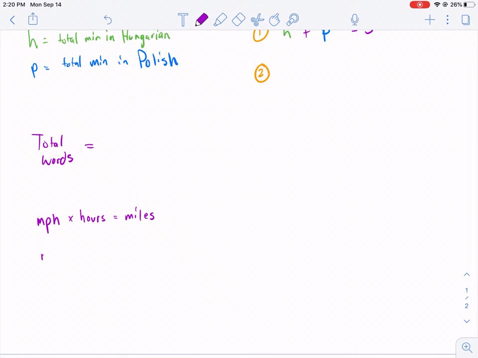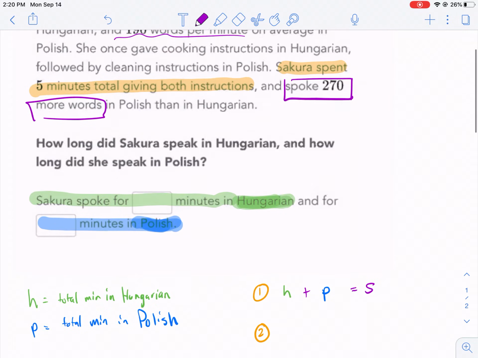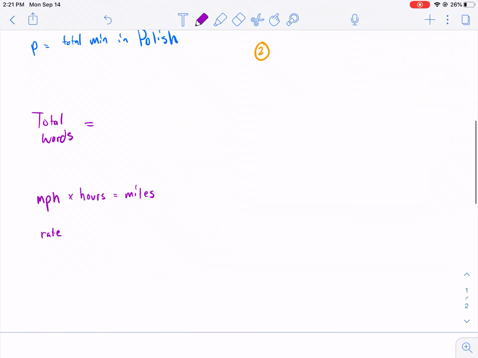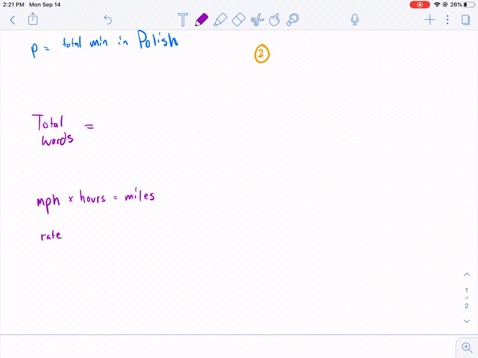If you have a rate, that's anything with the word per in it, so words per minute, these are rates. Okay, that's at which something is done per unit of time. So rate times the time will be equal to the units, whether it's words, whether it's miles, okay?